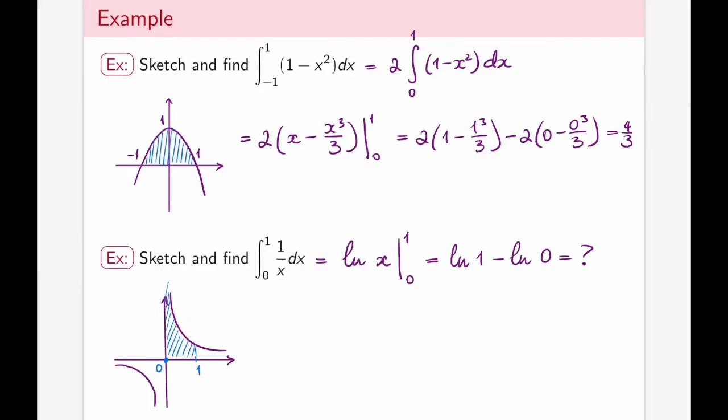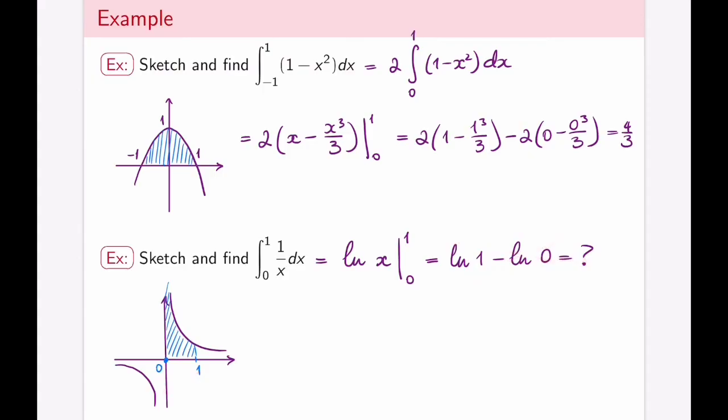This is, of course, a problem. This function is not continuous on this interval. Recall that continuity was one of the assumptions of the fundamental theorem of calculus. If the function we have is not continuous on the interval given, then we cannot apply the fundamental theorem of calculus because it simply will not produce a valid result.